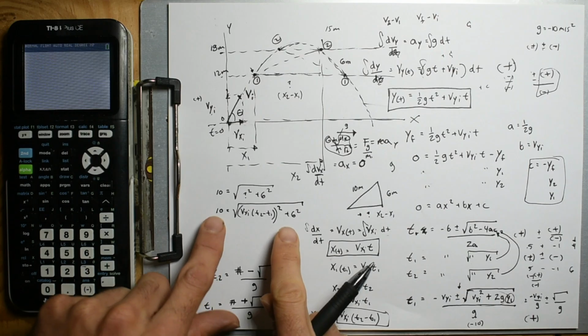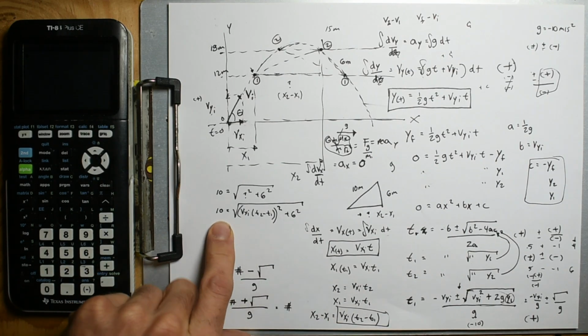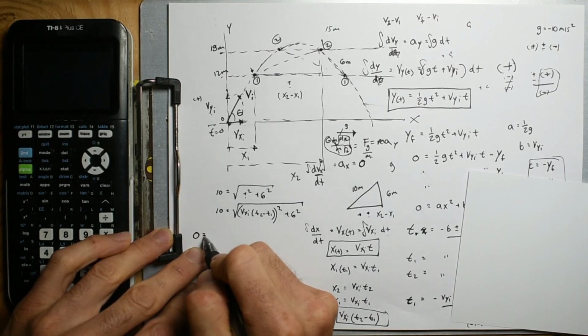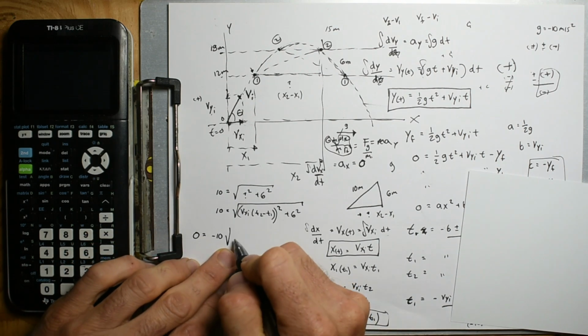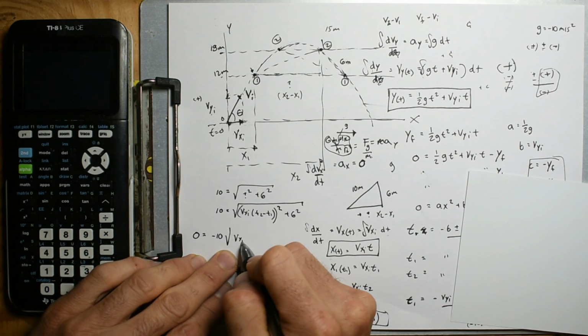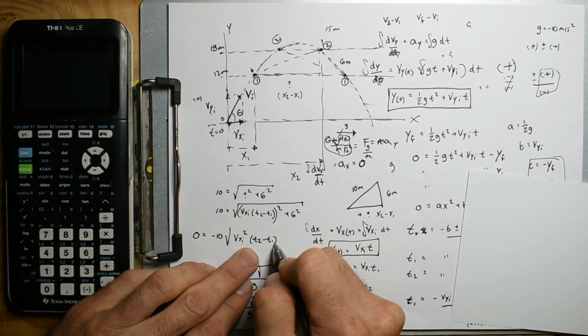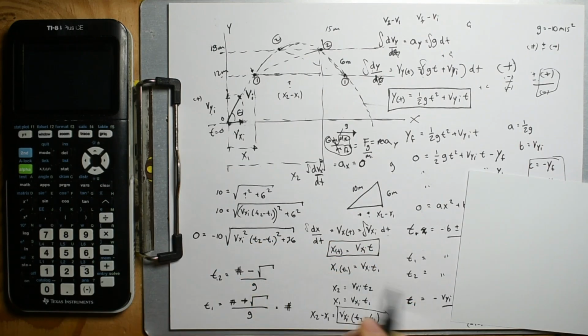This is my equation that I'm going to use. Let's set it equal to 0, so 0 is equal to negative 10 plus the square root of Vxi squared times t2 minus t1 squared plus 36.